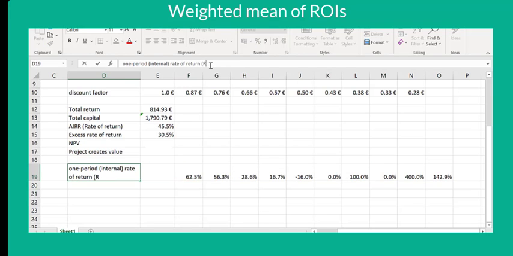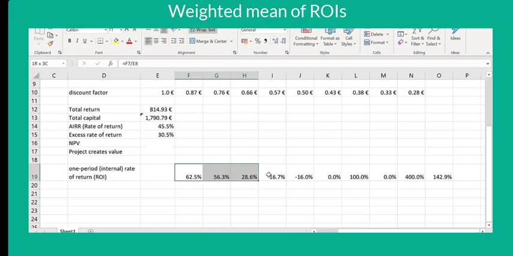So we can write ROI, return on investment. We now show that the project's rate of return is the book value weighted mean of these ROIs.